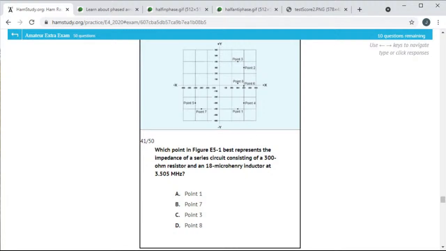I've been getting these, so I know it's either 0.3 or 0.1, so it's either A or C. I've had this question, I believe, 3 times, and the first 2 times it was 0.1, and last time it was 0.3. The difference is that one has an inductor, and the other times it's a capacitor.